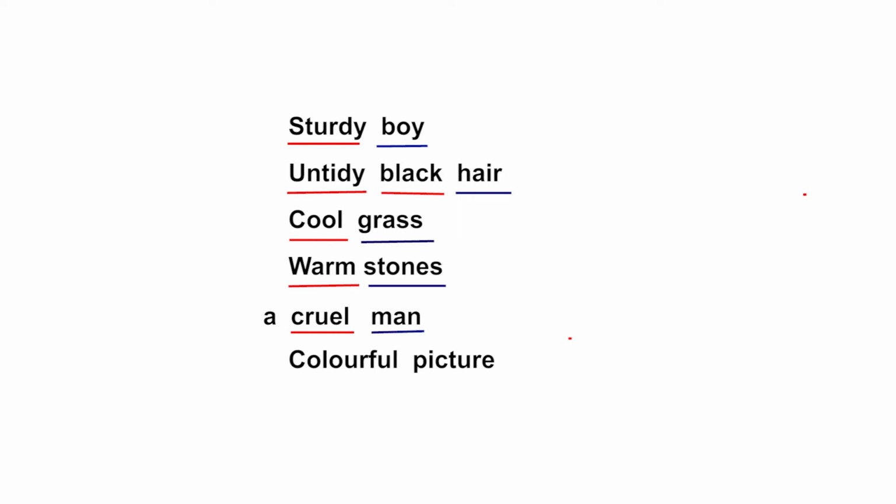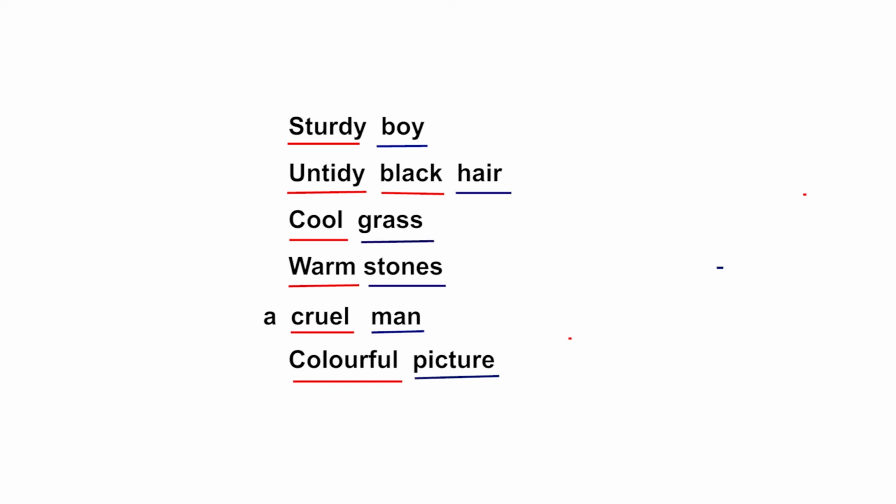Isn't it? Now the last one, the colorful picture. Now we are going to describe that picture. How is that picture? That is very colorful. Colorful is the word used to describe that picture. So colorful picture: colorful is the adjective and picture is a noun or naming word.